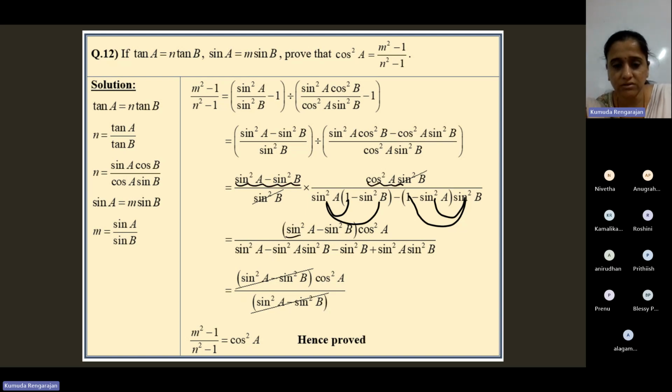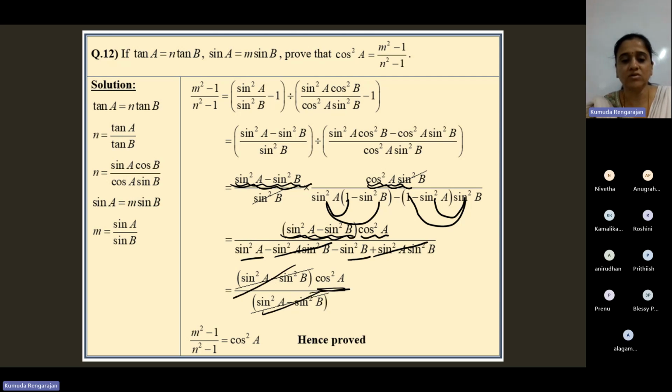In the denominator, 4 terms are there. Now this one and this one are the same with opposite signs. Cancels. So you're left with sine square a minus sine square b. And that's what you have in the numerator, sine square a minus sine square b. So they get cancelled. And the answer is cos square.